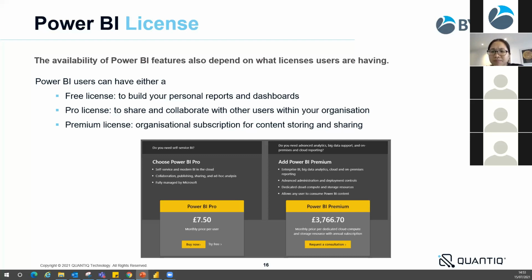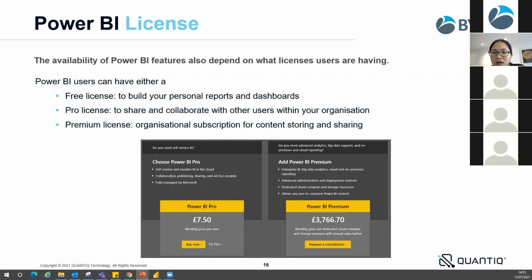The Premium per user includes all Power BI Pro license capabilities, and also adds features such as paginated reports, AI, and other capabilities that are only available to Premium subscribers.